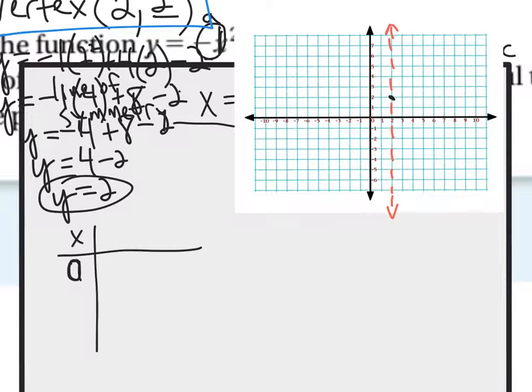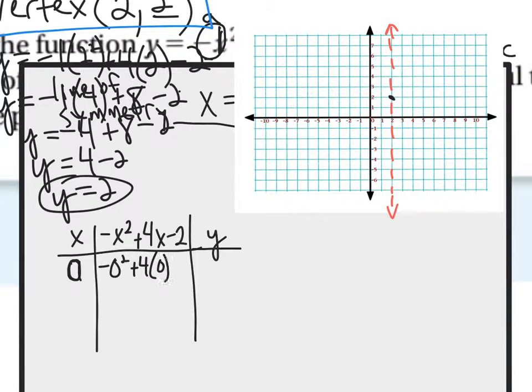Anytime I can use 0 and 1, I'm going to use those. The equation is y equals negative x squared plus 4x minus 2. If you want to put that middle column to help you substitute, you can. If you want to just work it out to the side, you can do it that way, whichever way you prefer. So we put a 0 in for x.